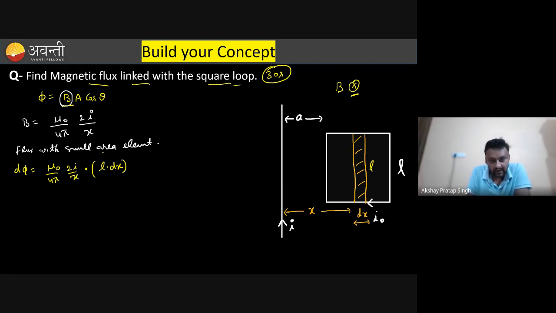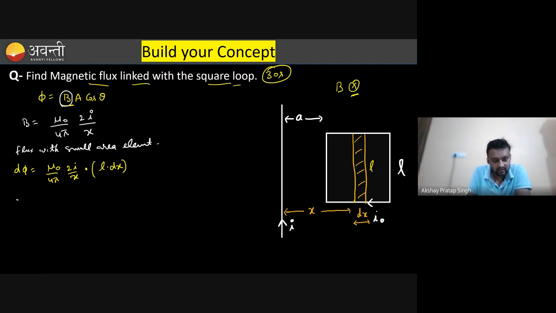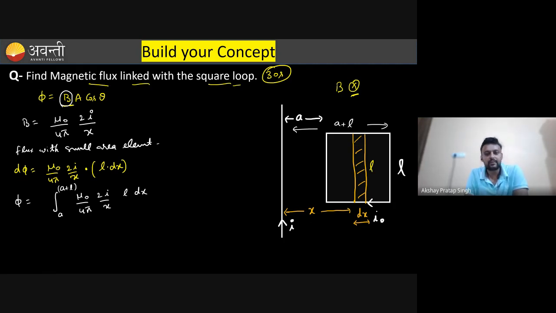As soon as you have calculated the magnetic flux for the small area, for the complete flux you can integrate it. If you integrate it, it becomes mu naught over 4 pi, 2I by x, L dx. Integration is from where? From A, and the last distance is A plus L. So you can integrate it from A to A plus L. I hope everybody remembers the integration.